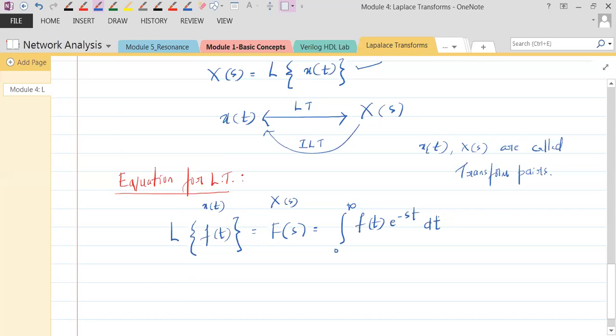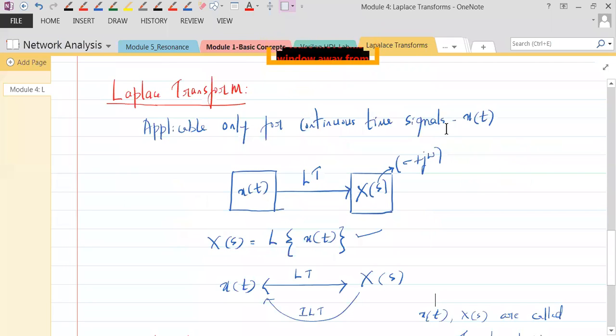So what we do is we change the approach of learning the transforms. In mathematics, we don't take it as an engineering application. It is an application on some set of numbers.